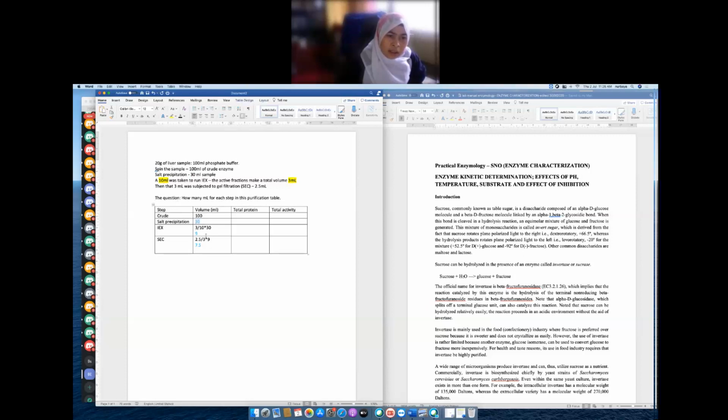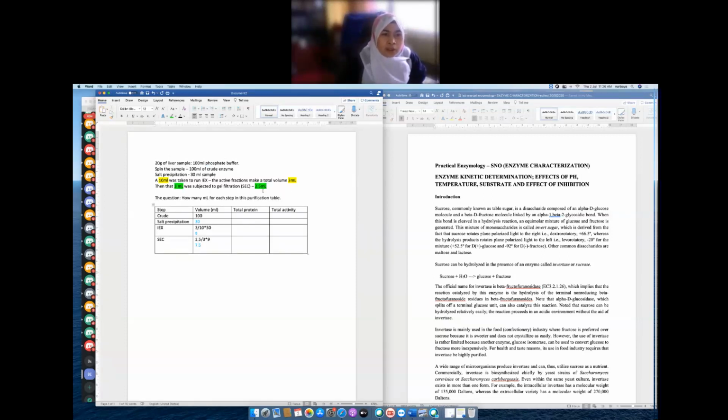Then the story continues: that 3 mil was subjected to size exclusion chromatography, and from that 3 mil, we get 2.5 mil.